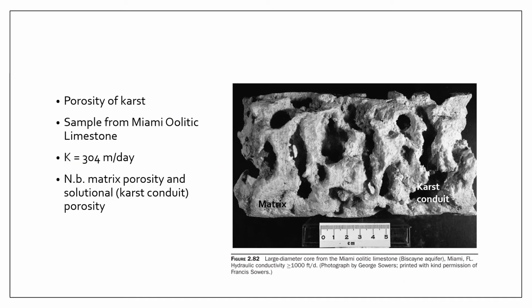Now this is an example of a karstic limestone. So you can see here it has a more or less rough surface. So you have matrix porosity here due to the pore spaces, and you also have your solution openings or your karst conduits.